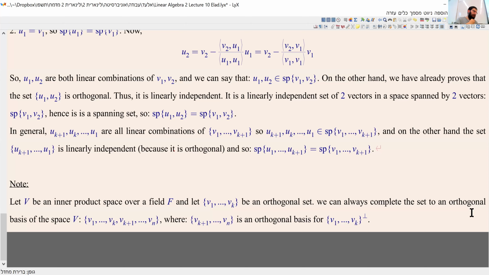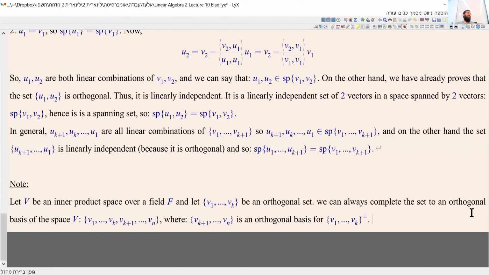Now, technically speaking, we know from linear algebra 1, which was extremely fun, given a linearly independent set, we can add vectors. Doesn't matter how specifically we do it. We can add vectors to the set till it becomes a spanning set, but it's still linearly independent, which means it is a basis.